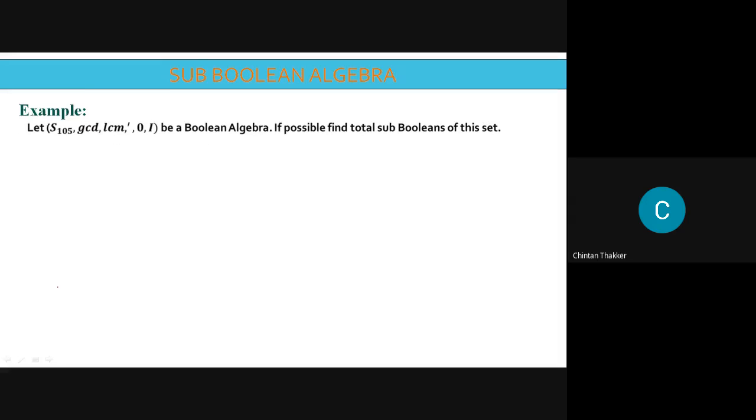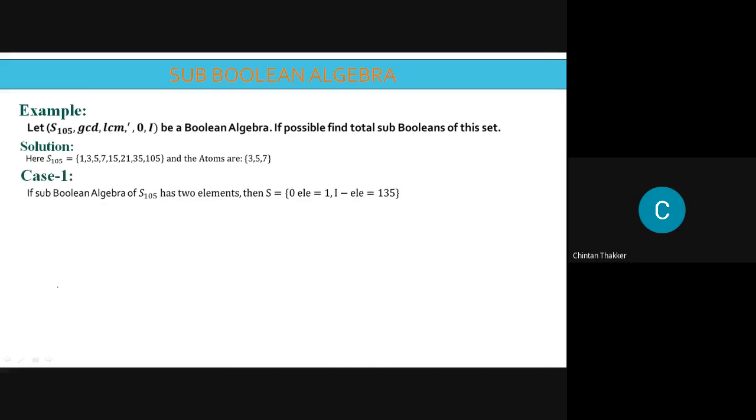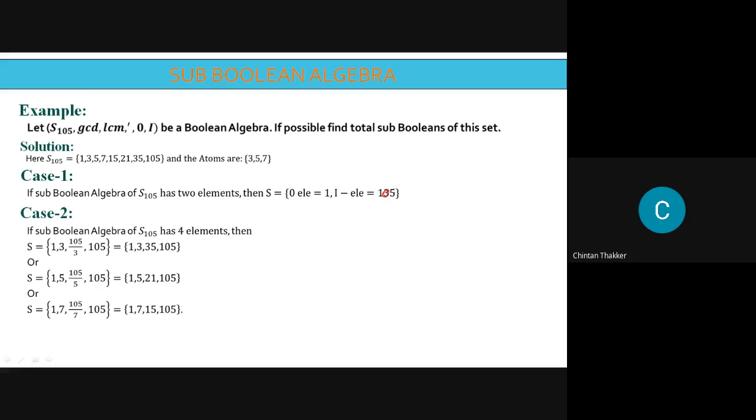For 105, we see the atoms are 3, 5, 7. So in case 1 we have the 0 element, so 1, and the I element 105. Then in the second case, the atoms are 3, 5 and 7. So 1, 3, 105 by 3, so it is 35, 105.